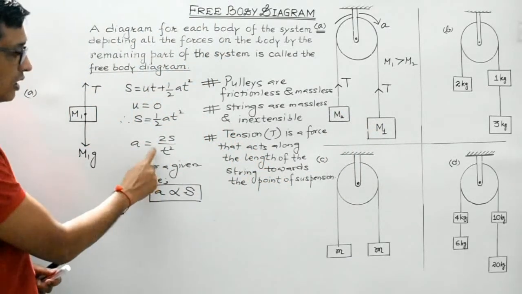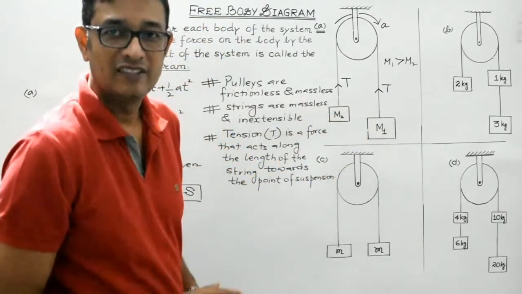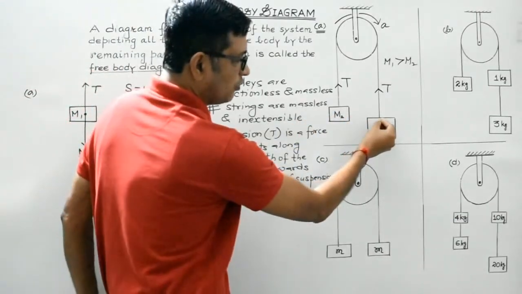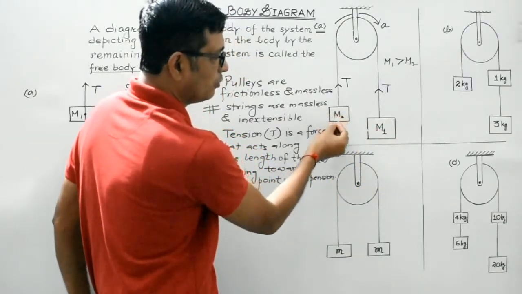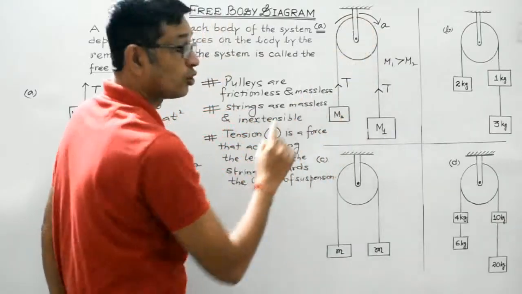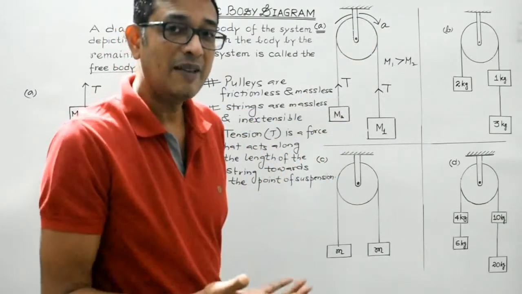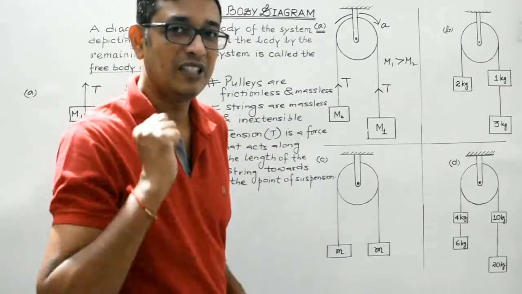Why? Because for a given time, both the bodies will get displaced equally. Suppose this moves 1 meter downward, this body will move 1 meter upward, because the string under consideration is considered to be inextensible. So at the same time, both the bodies are covering same displacement.